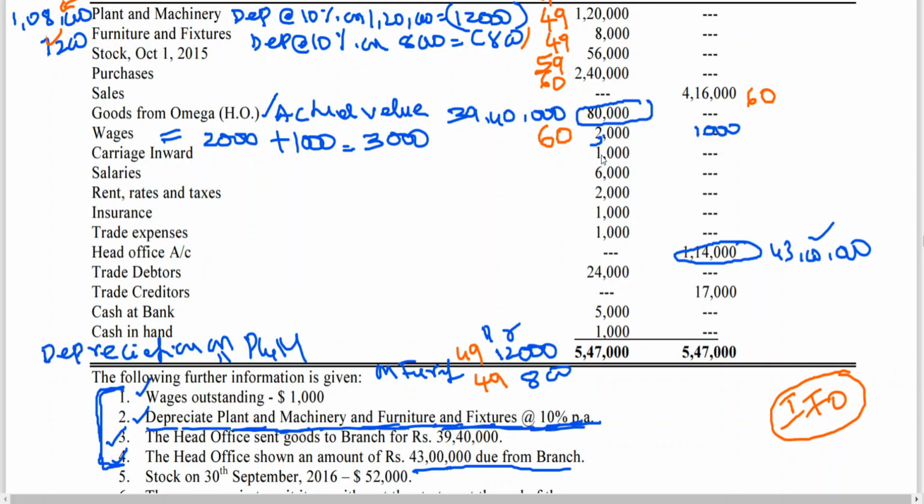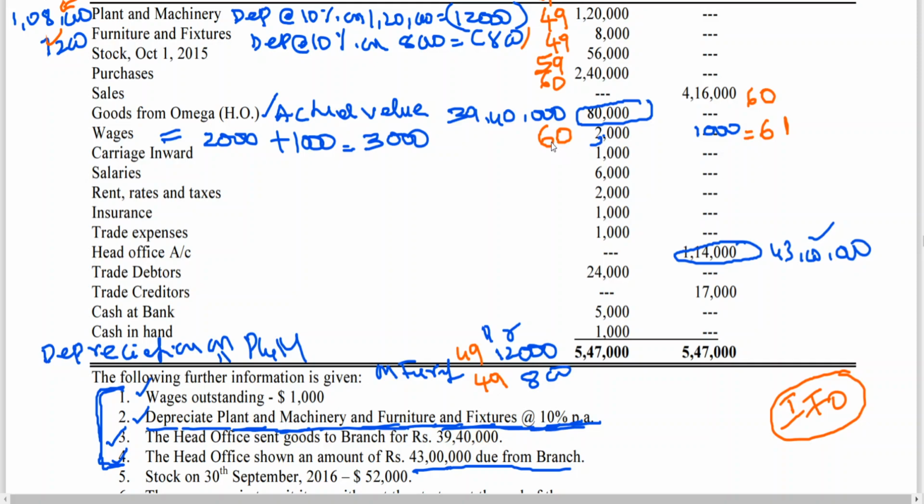But the important point is for outstanding expenses. We have seen in the beginning: prepaid expenses, outstanding expenses, cash, debtors, creditors, etc. We should take the closing rate. This you should not confuse. See, for wages, including outstanding wages, it has become $3,000.